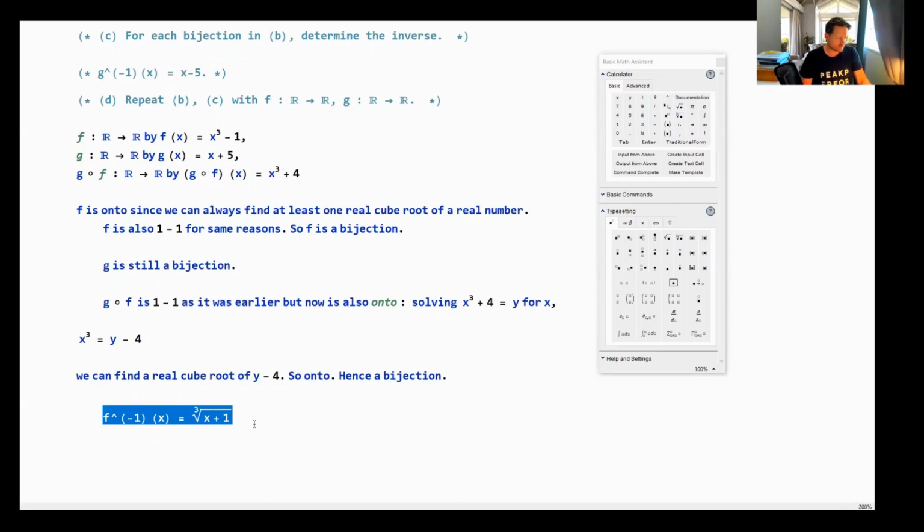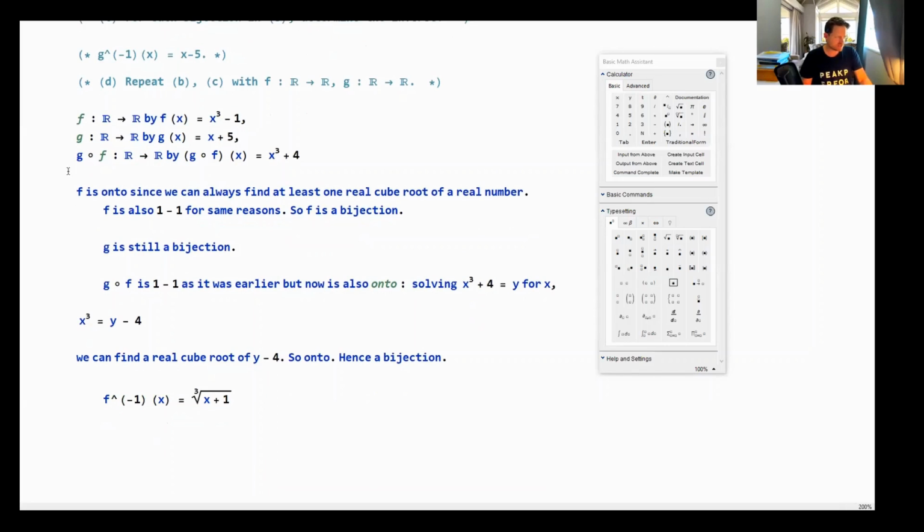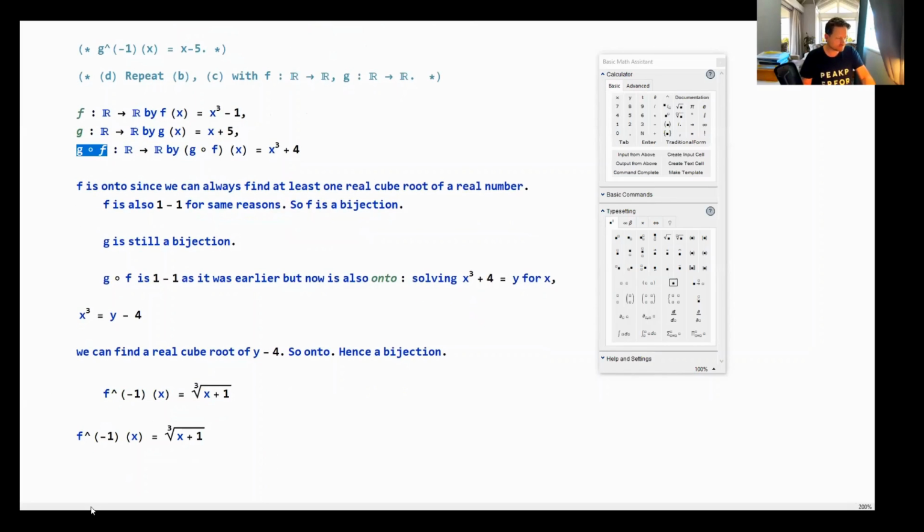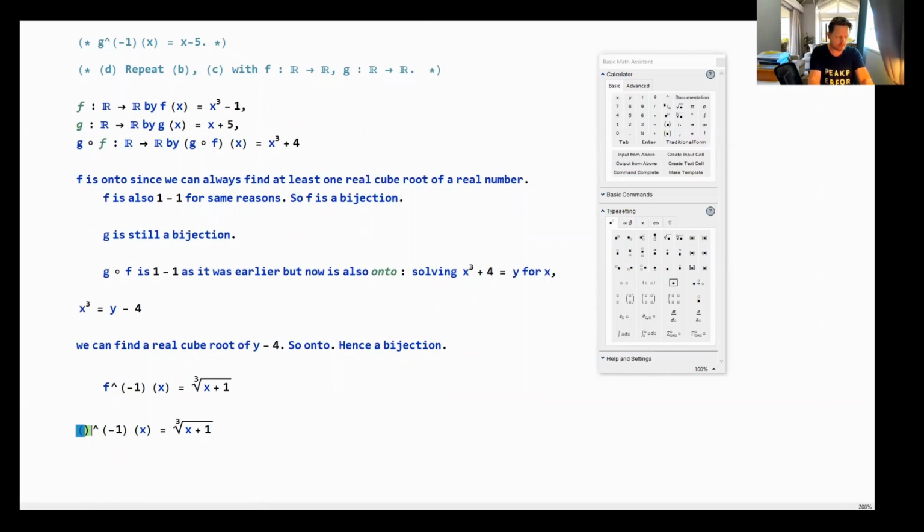And then likewise, g compose f inverted will look similar. Right, but this one is x minus 4 inside the cube root.